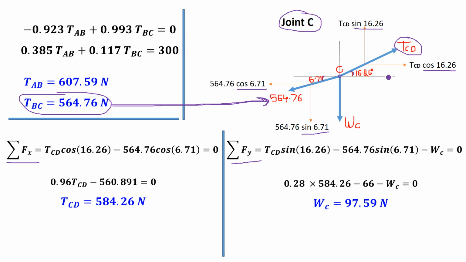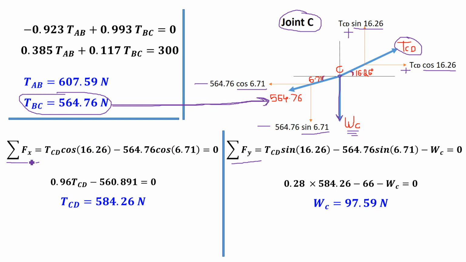Now resolve the forces. Tension CD is in the first quadrant, so the x component is plus, the y component is also plus. Tension BC is in the third quadrant, so the x component is minus, the y component is also minus, and this is the weight of the signal at point C, assumed as WC.